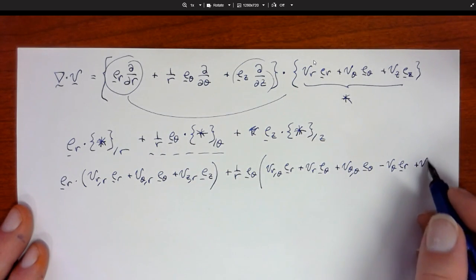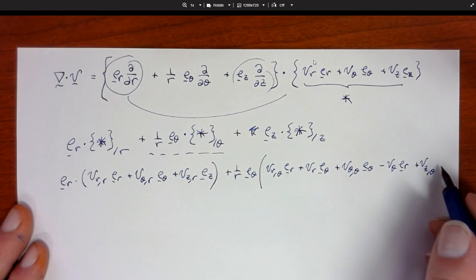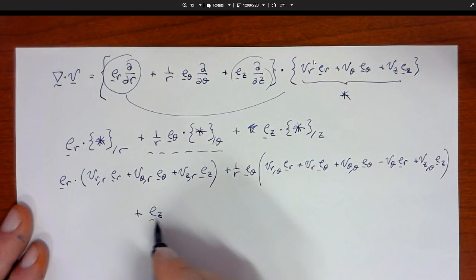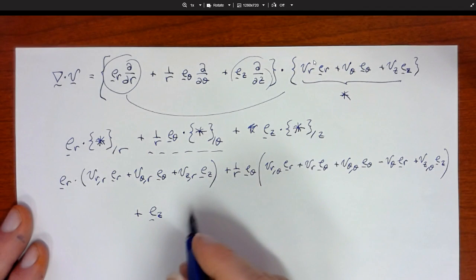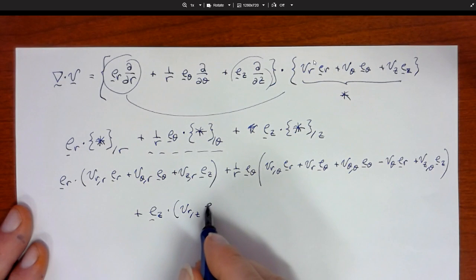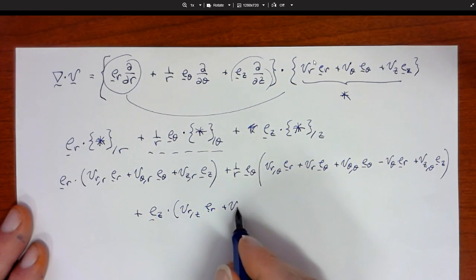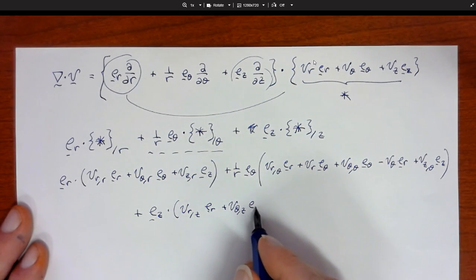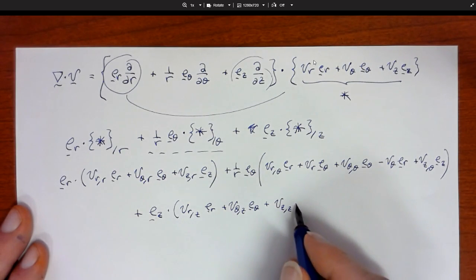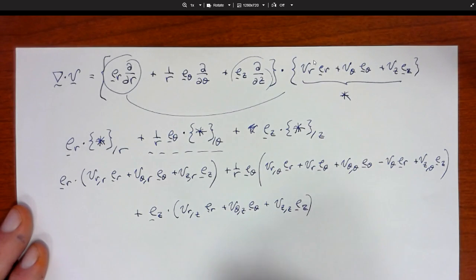So I get just VZ comma theta in the EZ direction. And then finally we get EZ from this term here. Again, none of the unit vectors are functions of Z, so this just becomes VR with respect to Z in the ER direction, V theta with respect to Z in the E theta direction, plus VZ with respect to Z in the EZ direction.